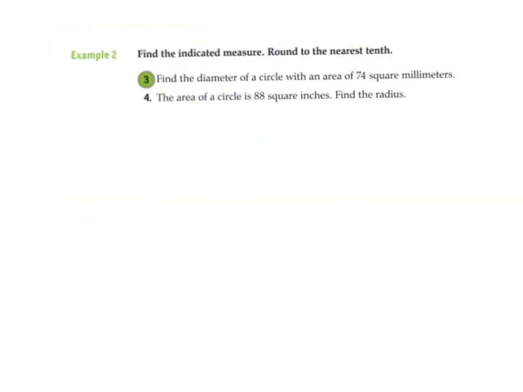All right, so let's have a look at question number 3. It's still going back to example 2 if you still didn't quite get it, but this time we want the diameter and not the radius, and we're given the area. All right, so the formula is still A equals pi r squared. Do exactly the same procedure as before. You know that this is 74, and that is equal to pi r squared. Next line, we're going to divide through by pi, so 74 divided by pi, and that's going to give you the radius squared.